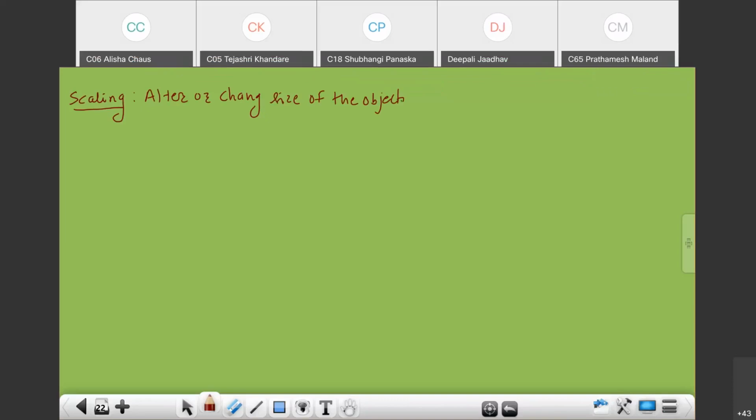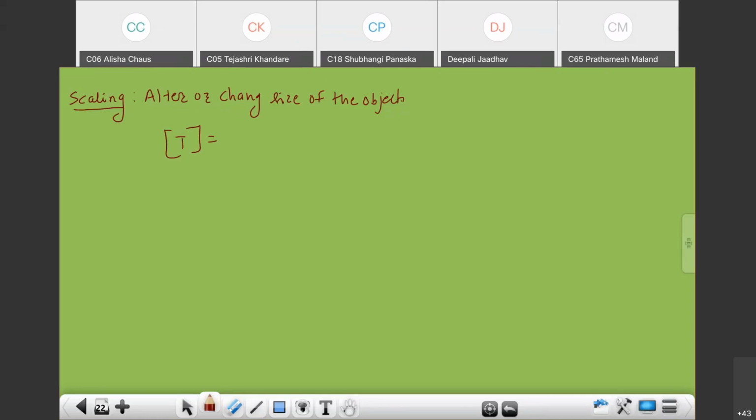That is scaling. Scaling is controlled by the magnitude of two terms. We call them the scale factors, which are the primary diagonal of the transformation matrix. If we use a simple transformation matrix T, scaling is controlled by the primary diagonal of the transformation matrix.